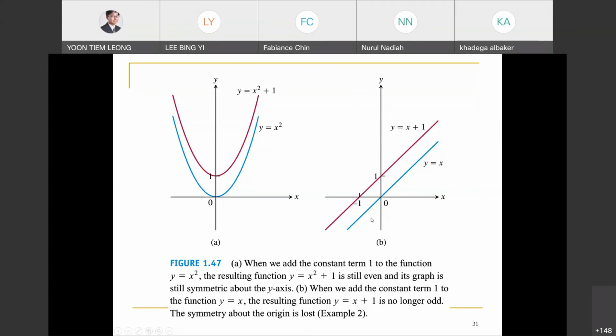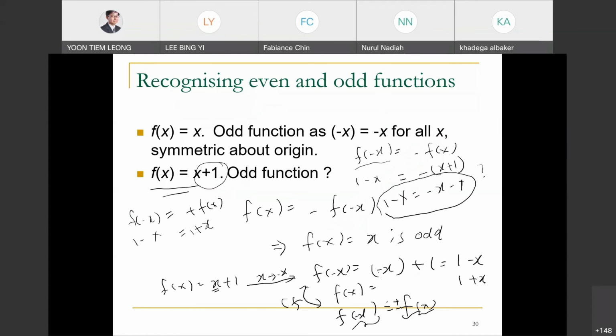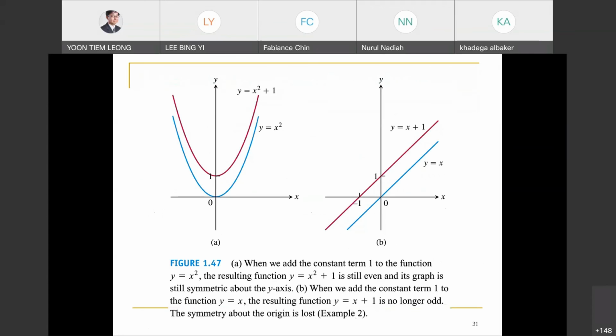This is an odd function, so x plus 1. Is x plus 1 an odd function? So the answer is no, right? The answer is that this is not an odd function. So it is not symmetrical when it's reflected about the y-axis.